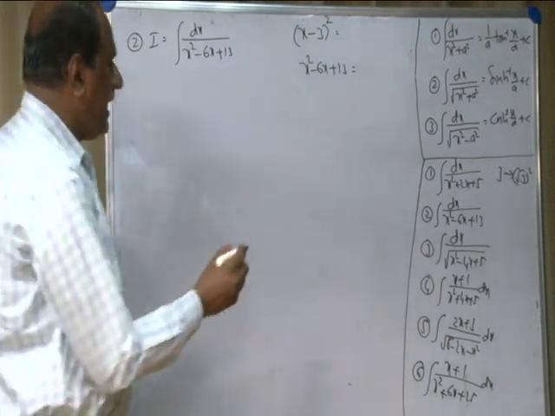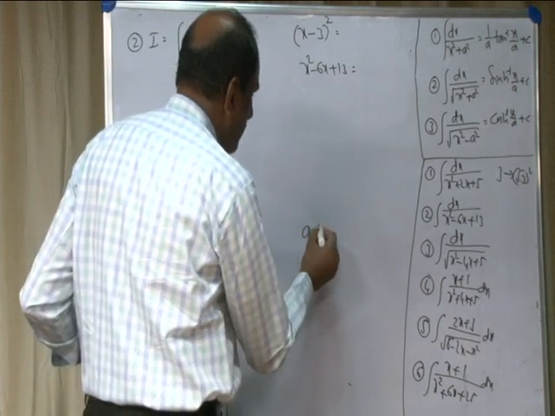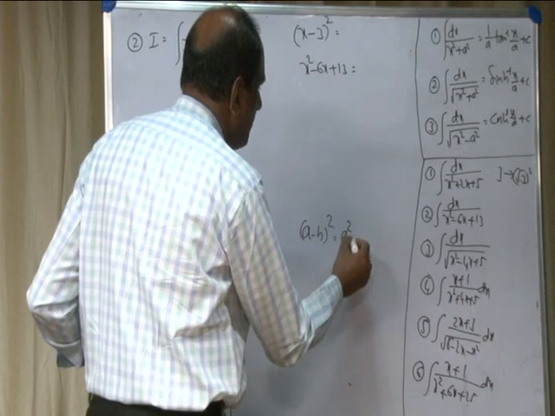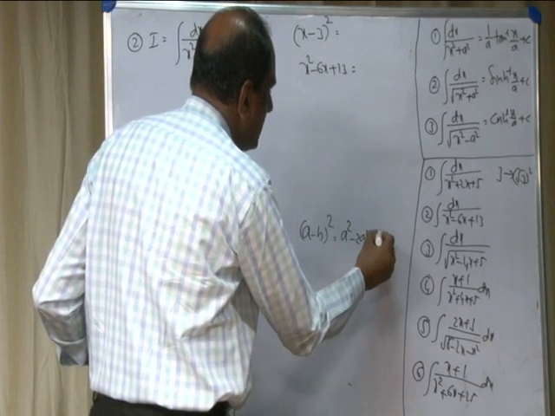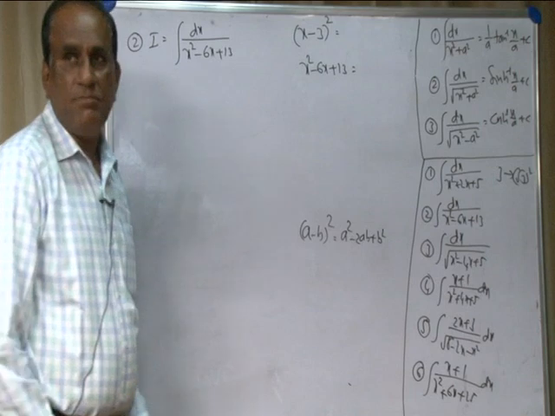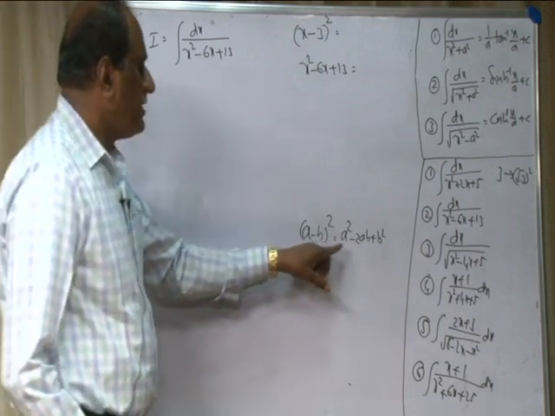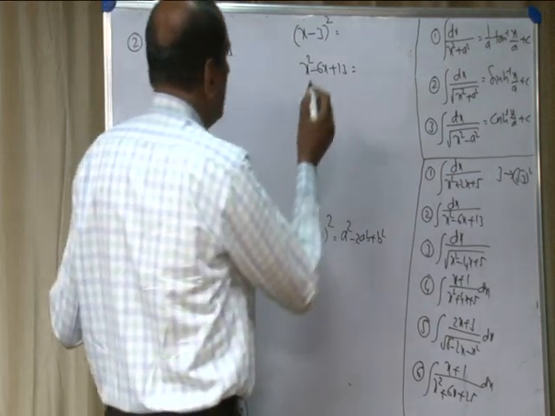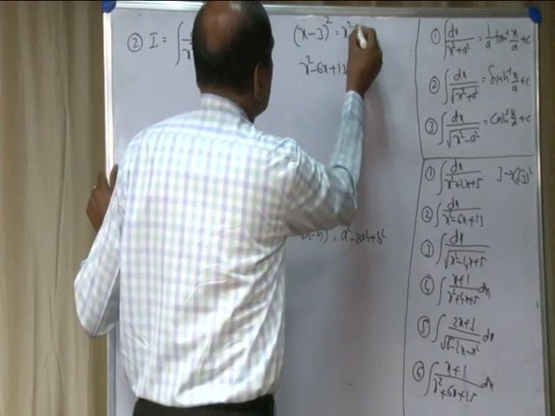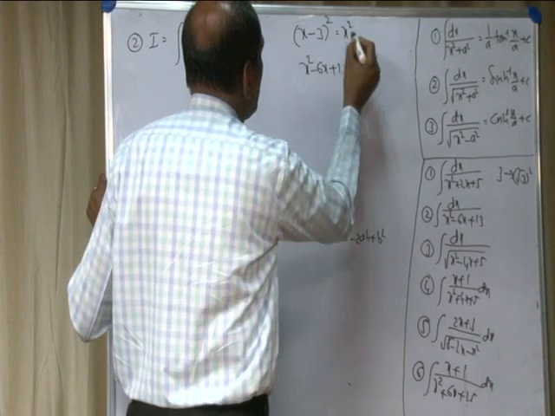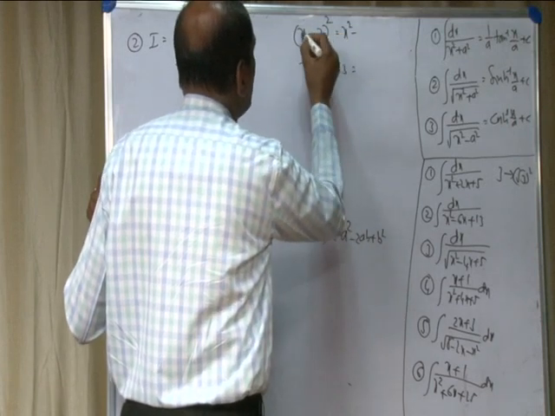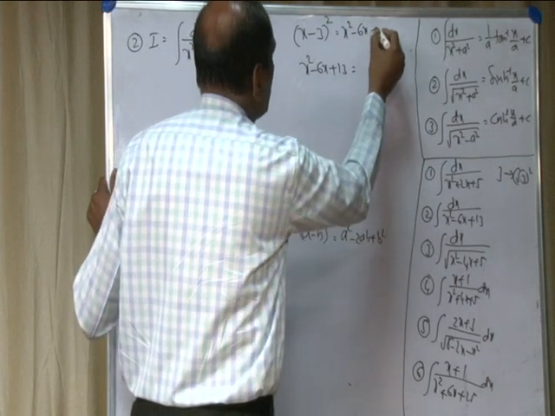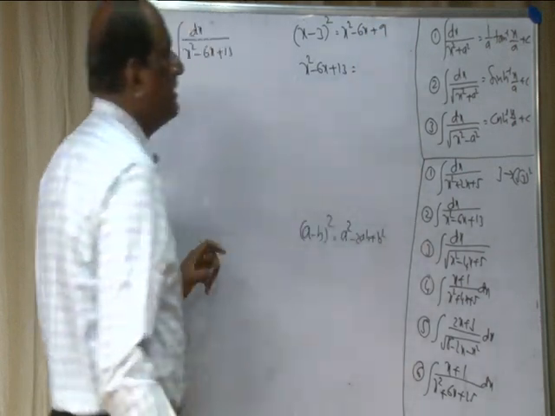Expand this using a minus b whole square. What is a minus b whole square? a square minus 2ab plus b square. That is x square, a square is x square, minus 2ab, minus 2 into x into 3, minus 6x, plus b square, that is 3 square is 9.